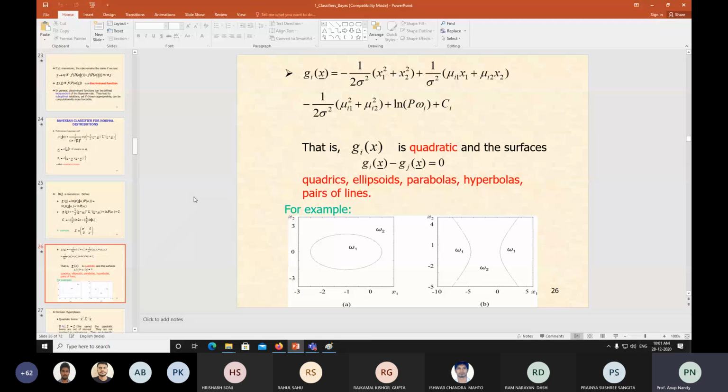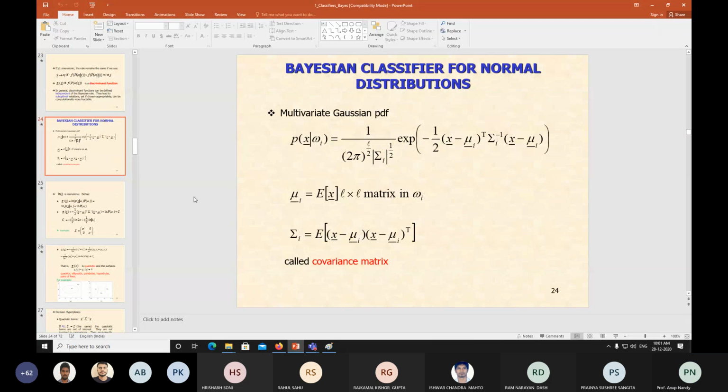Student: Sir, will you upload this slide? Yes, I'll upload these slides. I have my own notes, and I'm just preparing my entire notes. These slides I'm following are from the Theodoridis book, so I can share these slides with all of you. There is no problem. You can refer to the book, this Theodoridis book and the Duda book; more or less the contents are the same.